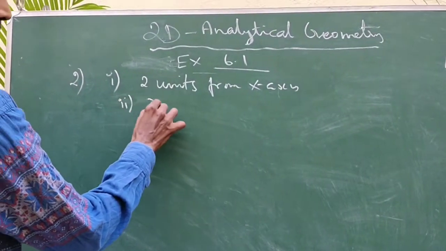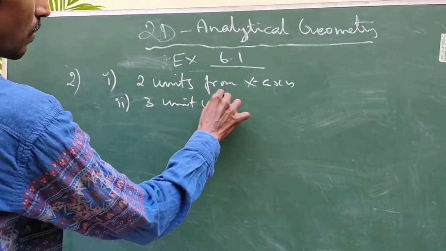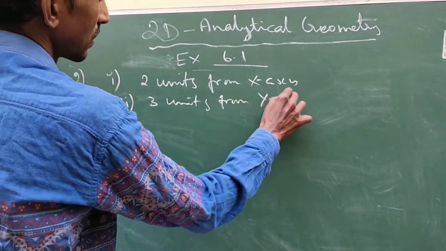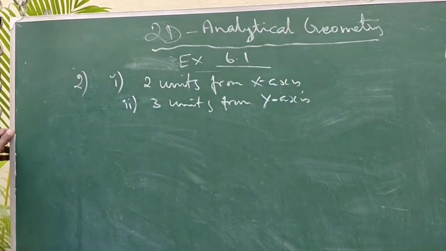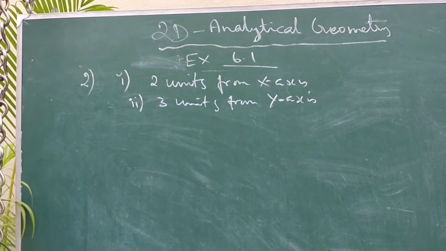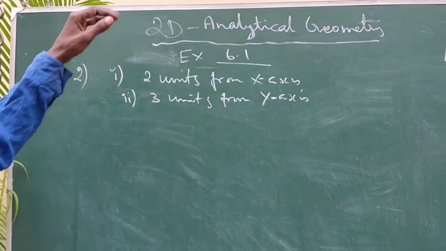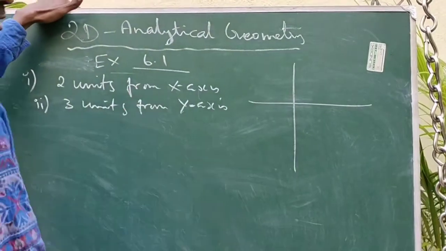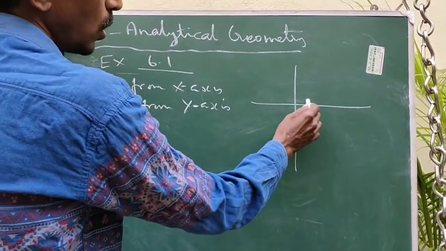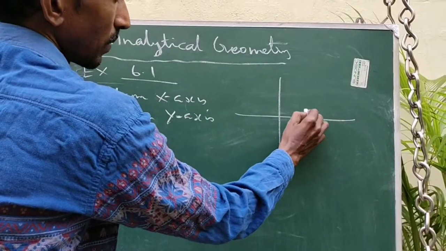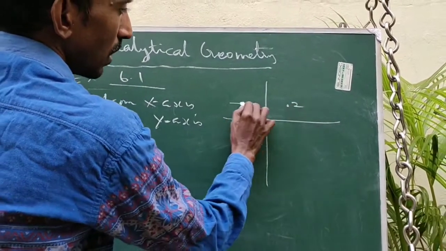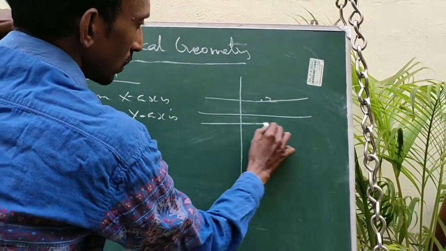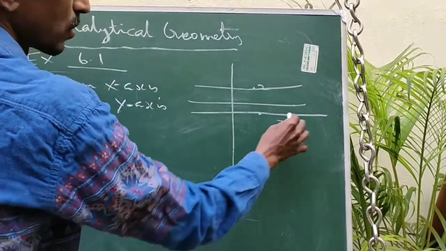We need to find the locus of the point P. My dear students, listen here. 2 units from the x-axis means it may be above or below. It is minus 2.